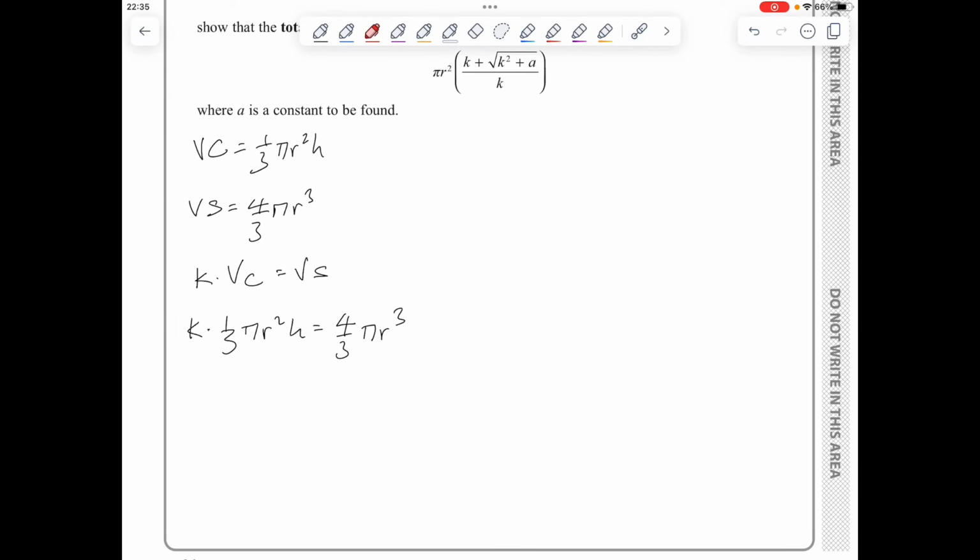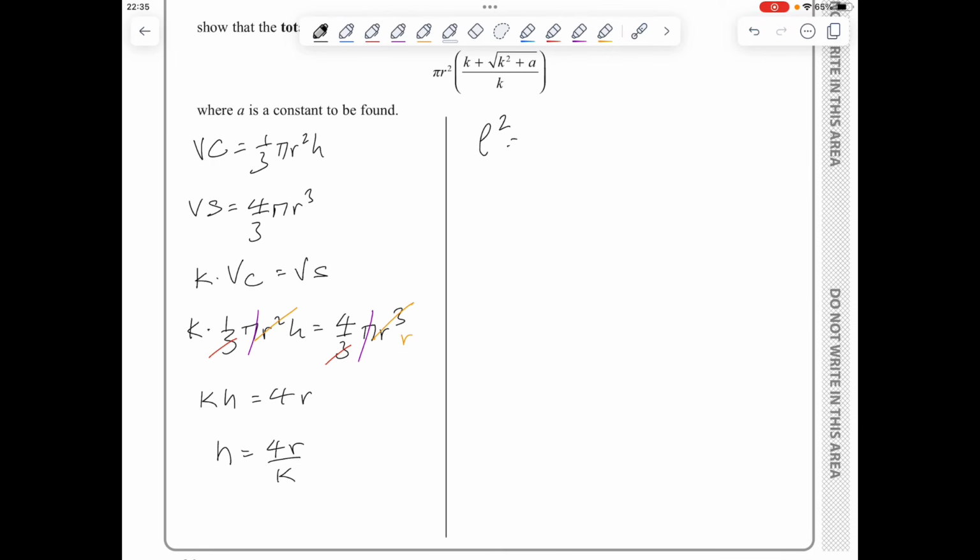Let's cancel out the over 3, let's cancel out the pi, and let's cancel out some of the r's. The r squared goes away, and here I'm left with an r. So K times h equals 4r, so h is equal to 4r over K. Now I can go on the side and use Pythagoras' theorem.